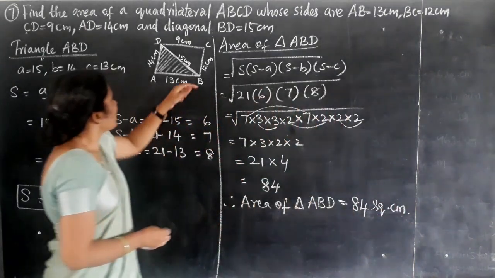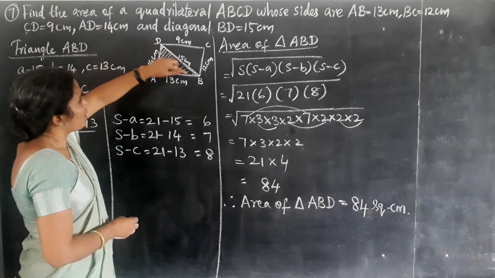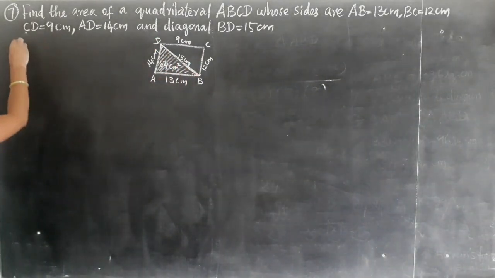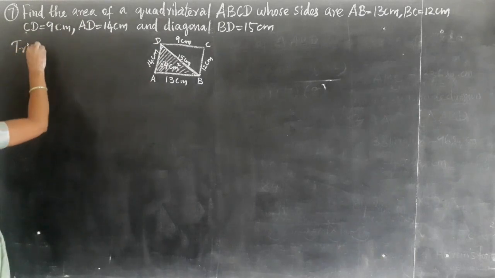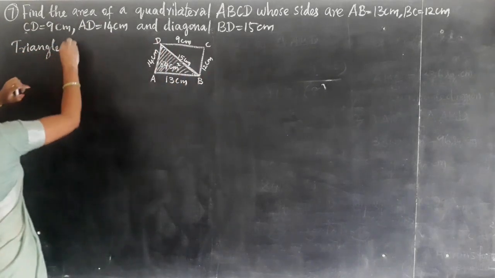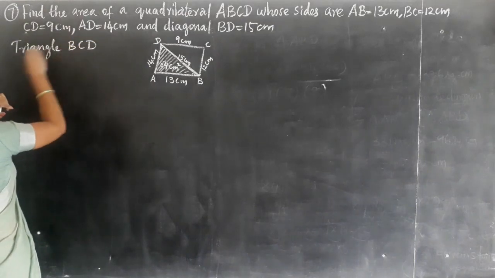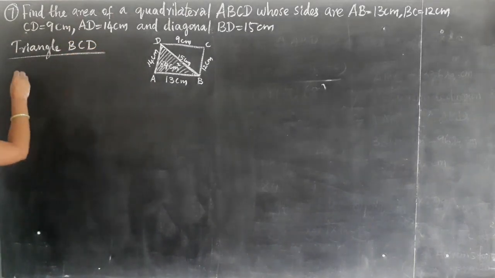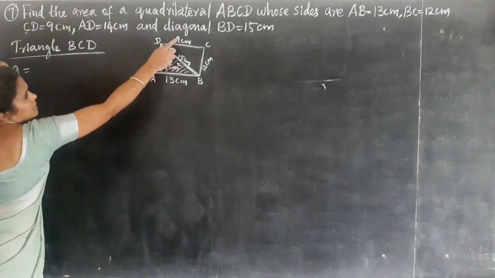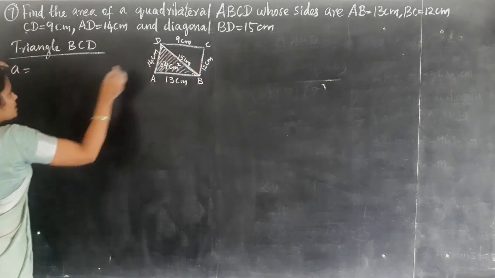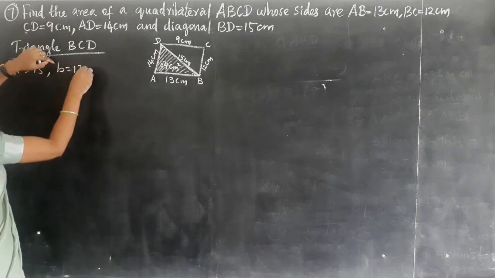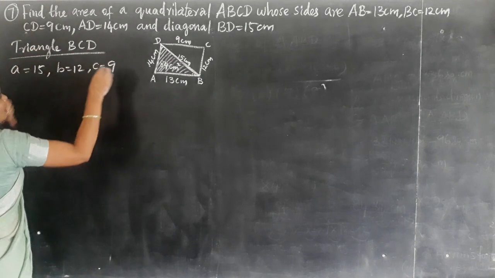And now let us find the area of triangle BCD. So the sides are a is equal to 15, b is equal to 12 and c is equal to 9.